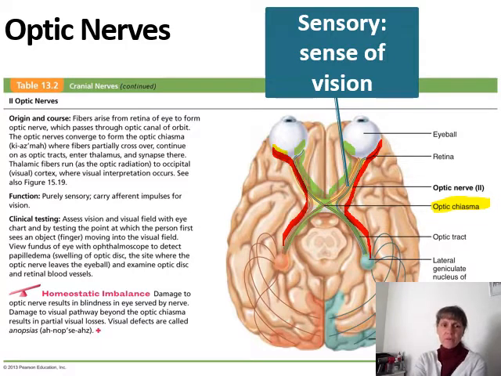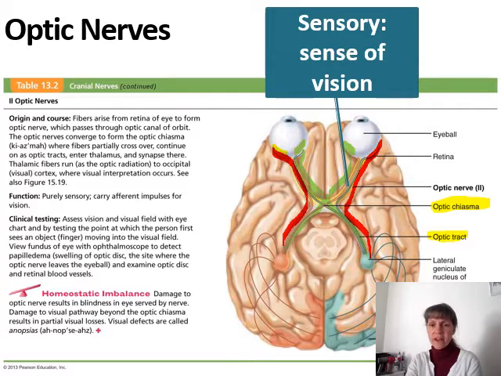And what happens is, as the optic nerve exits as axons coming from the back of the eyeball, the retina, and crosses, once it crosses the optic chiasma, the collections of fibers are referred to as optic tracts.